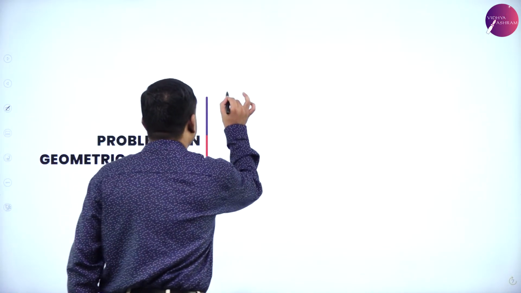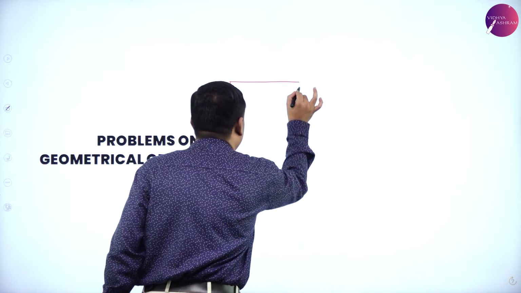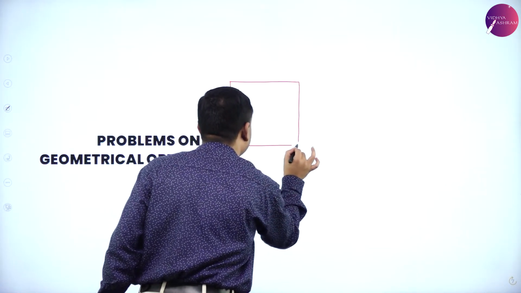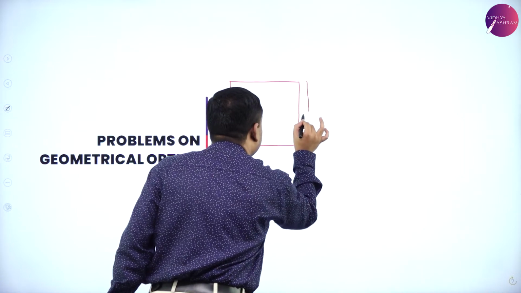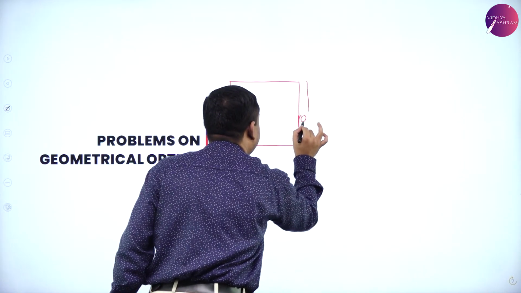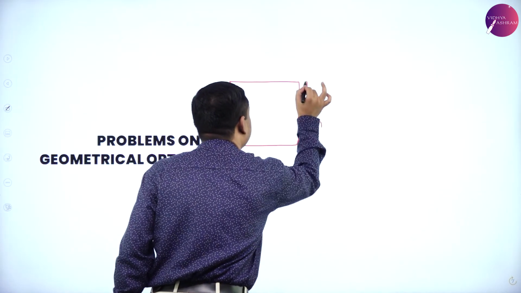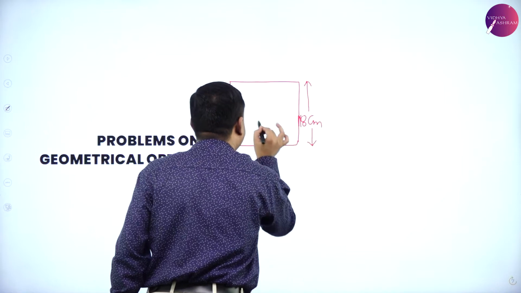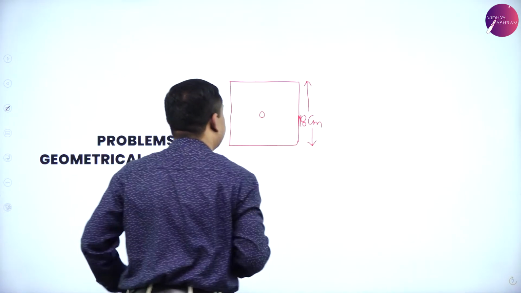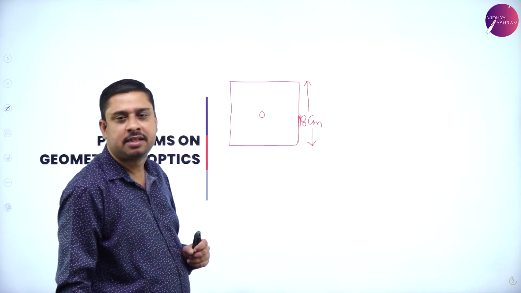That is, there is a transparent cube of side 18 centimeter. This is 18, and it contains an air bubble in it.